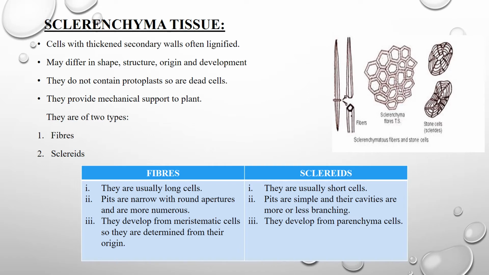As compared to the fibers, pits in the sclerids are simple and their cavities are more or less branching. In fibers, the development of the cells takes place from the meristematic cells, so that they are determined from their origin, while sclerids develop from the parenchyma cells.